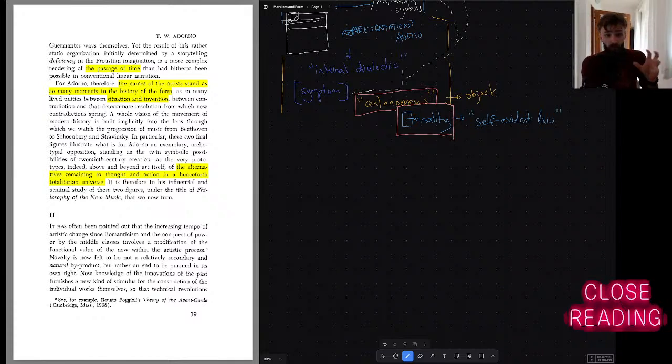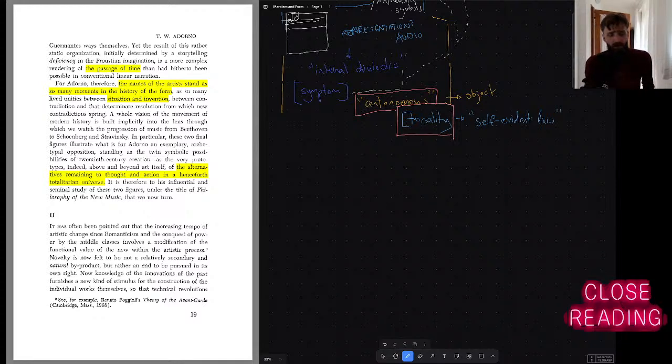So music as an autonomous system allows the listener to reflect on the hum and drum of everyday reality by inhabiting the laws of this different system, which are constructed in some way in relation to the hum and drum of everyday reality, but are not completely determined by everyday reality, and therefore can allow the listener to see something different in everyday reality or in the structure of reality.